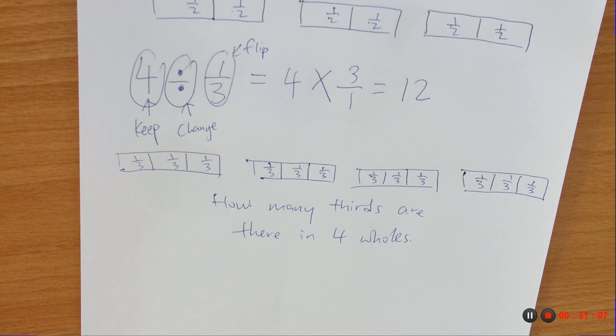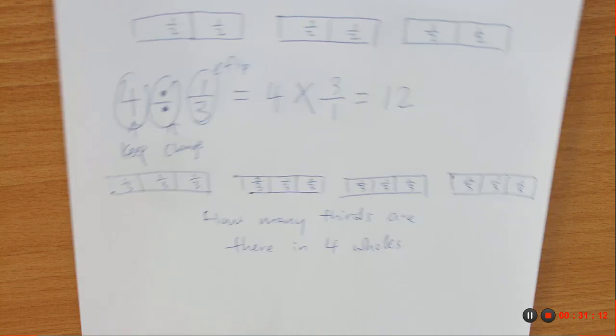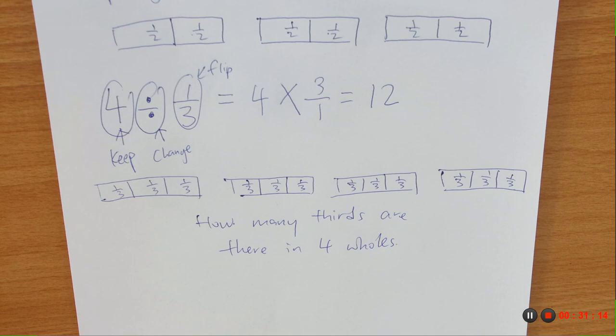Can you check, is it the same rule can be applied for all of these? Yes. Even for the first one. 1 divided by 2. I keep 1, change divide to times. I flip 2, instead of 2/1 become 1/2.